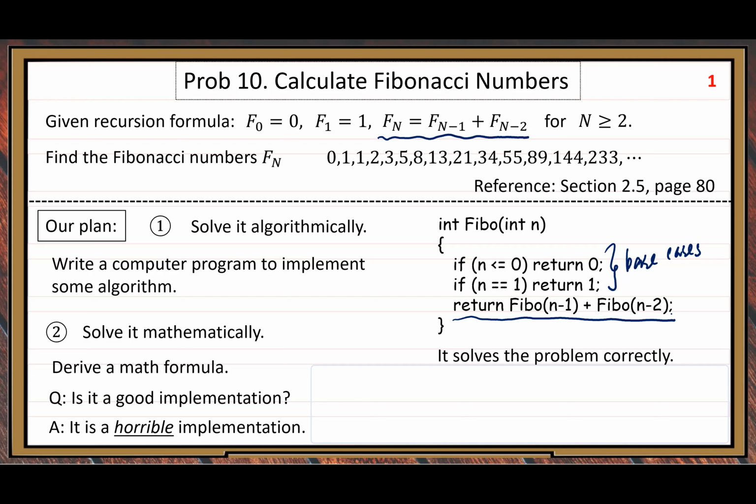Why do I use this strong word, horrible, extremely slow? Because its growth function, I mean the growth function of the algorithm, is an exponential function.